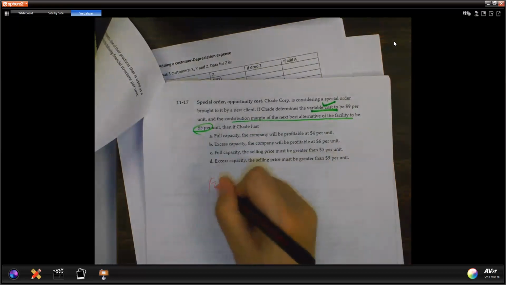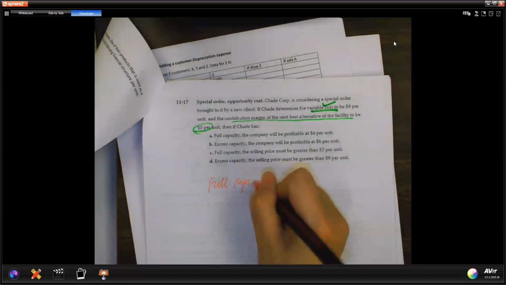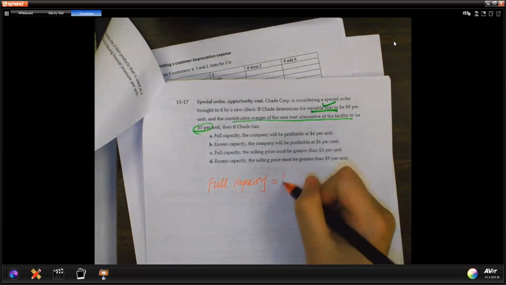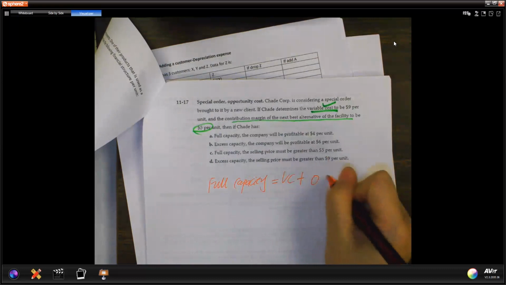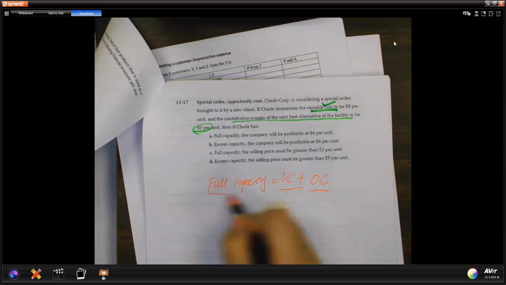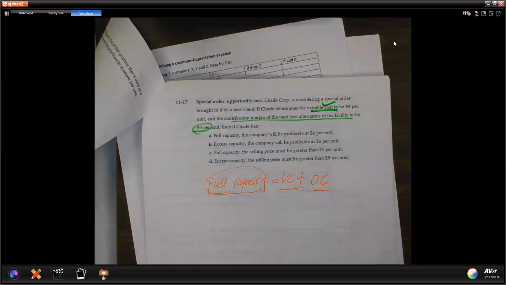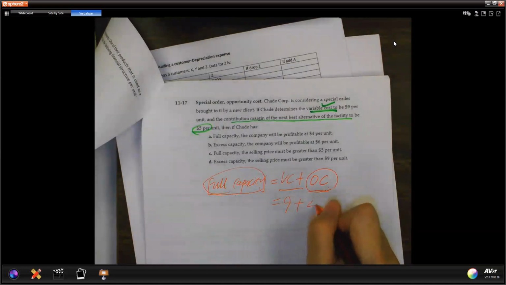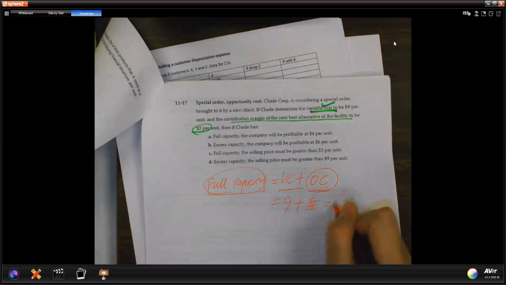So if you are working at the full capacity, the minimum price should be your variable cost plus the opportunity cost. Because when you have the full capacity, you are already working crazy, you will have opportunity cost. So it will be 9 plus 5 gives you $14.